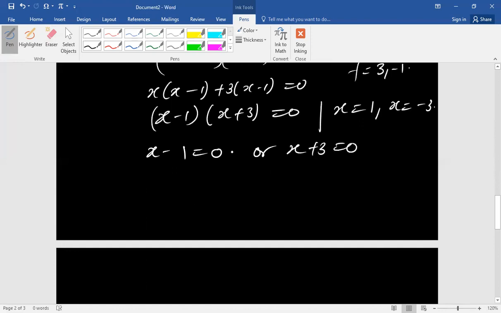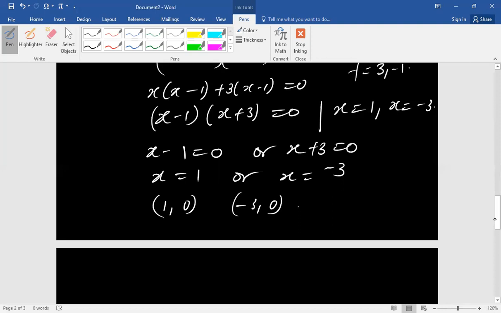So x minus 1 equal to 0 means that x is equal to 1, or x is equal to -3. So the points here are 1, 0 and -3, 0.